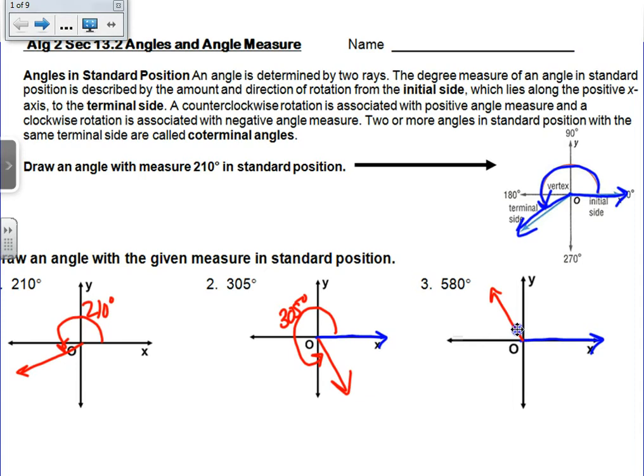But if you just draw an indicator arrow from here to here, you have not shown me a 580 degree angle. What you're going to have to do is show me that it went through one full rotation plus a little more. Like that. Fun times. 580 degrees. That's why drawing those little squiggles are so important, because if you meant to do more than one rotation, you have to show me that.